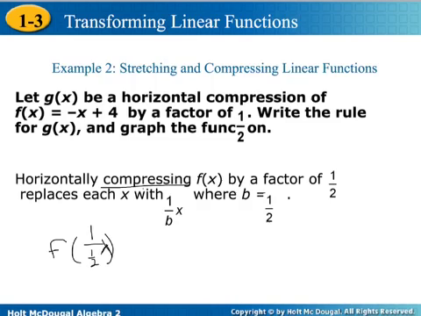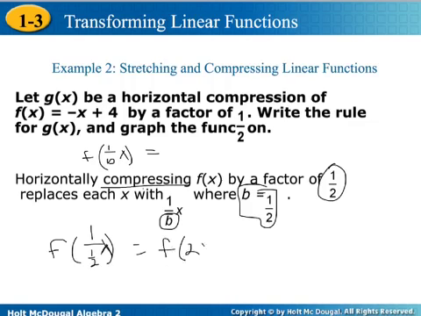So that means that if we're compressing, we're 1 over b, where our factor is 1/2. So b equals 1/2. And so what we've got here is f of 1 over b times x is going to equal our new function. Well, b is 1/2, so 1 over 1/2 is the same thing as f of 2x, which is going to be g of x.